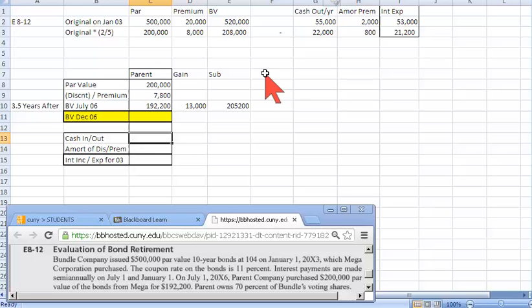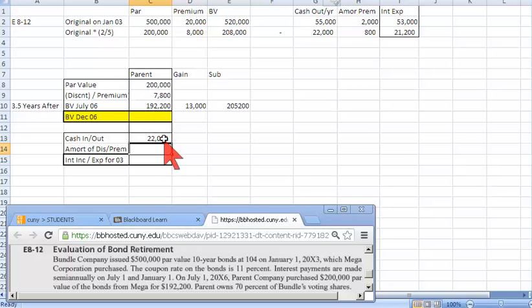All right. Now let's continue to figure out what the parent will be getting in cash and what they amortize per discount every year. So $200,000 times 11%. The discount is 7,800 over 6.5 years remaining, because 3.5 years have passed, so 6.5 years remain.